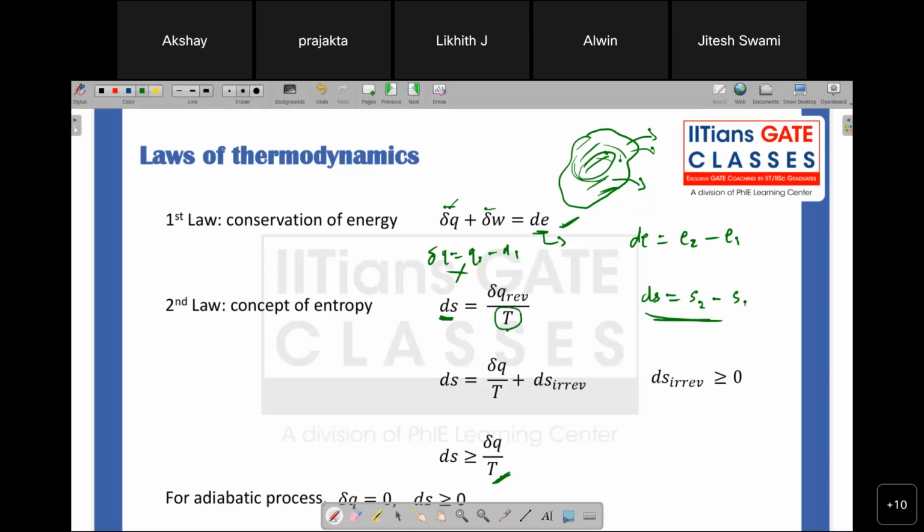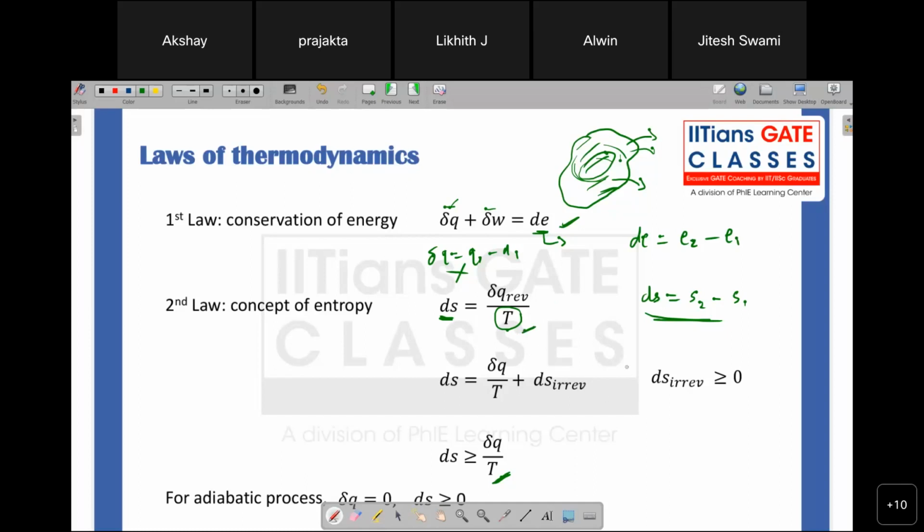Now again, I am not going into the details of what a reversible process and an irreversible process are as far as this demo is concerned. But in our actual classes, we will be defining what this process is all about, right? Now this is a very basic statement for change in entropy.